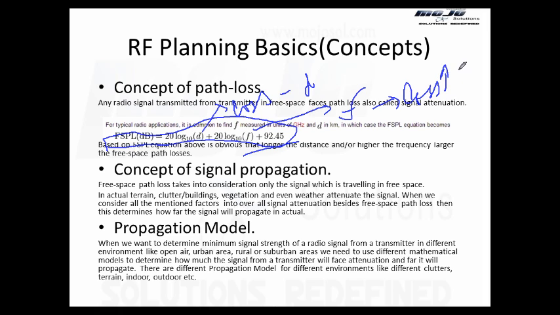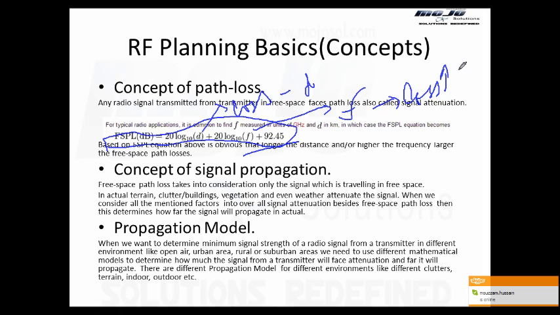If the distance is higher, your free space path loss will be higher. If your frequency is higher, your free space path loss will be higher. So what it means is when you send a 20 dBm signal, at the receiver you will receive, let's say, minus 5 dBm or minus 8 dBm if your frequency is higher and distance is higher.